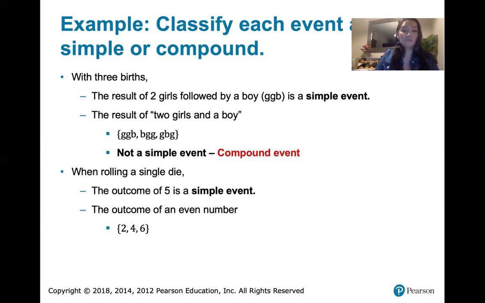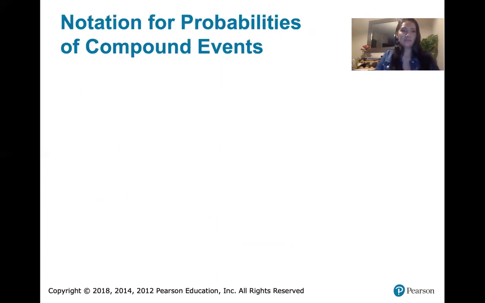You could roll a 2, a 4, or a 6, and each would be an even number. So the outcome of rolling an even number could happen in one of these 3 ways. That means that the event of rolling an even number is not a simple event, but a compound event.